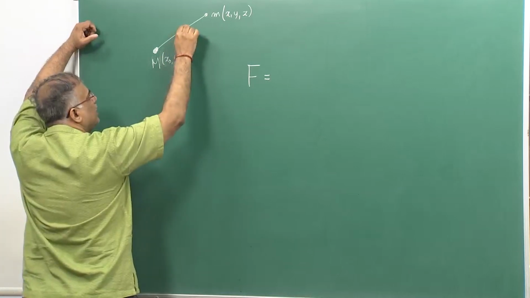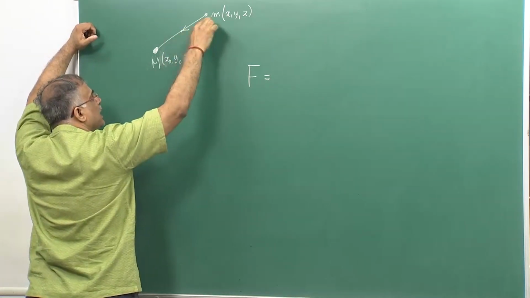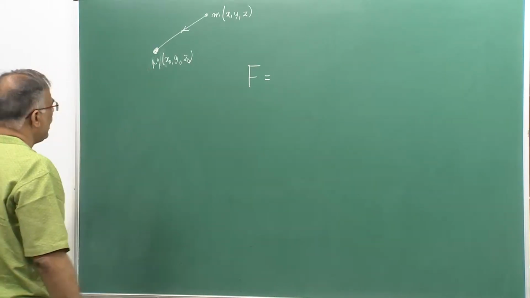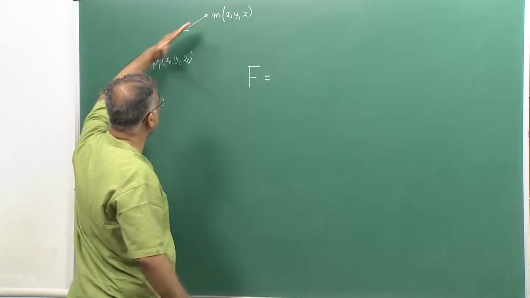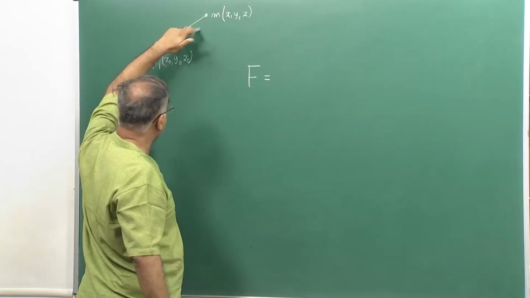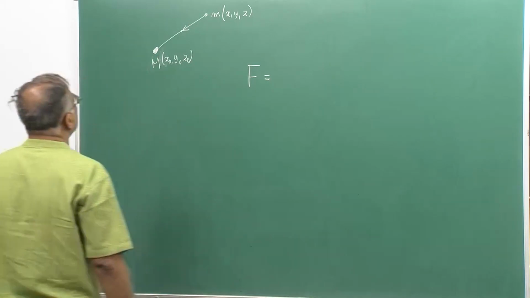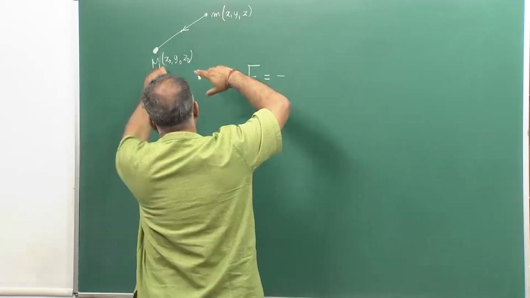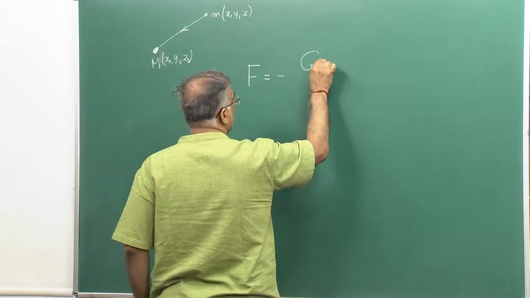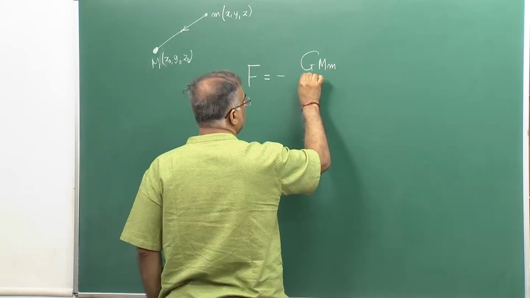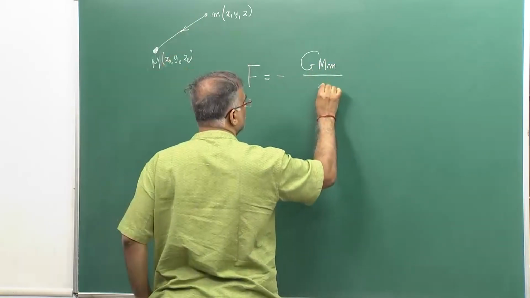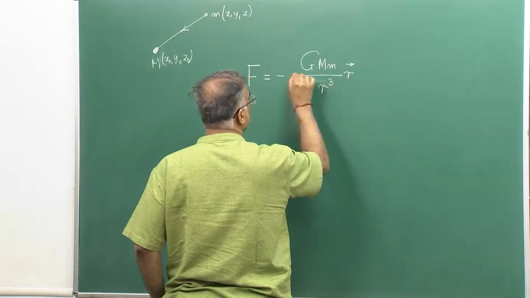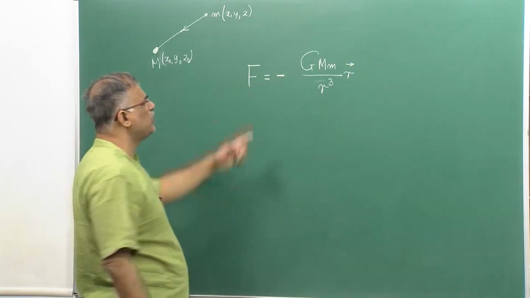Then along this line there is a force which attracts m towards the capital M mass. This is an attractive force along the direction negative to the radius vector by which I reference the small m with respect to the capital M. So the gravitational force is always written like this: if this were 0 0 0, then it is G M m over r cubed, where r is the distance between them, into the r vector, with a minus sign because this minus sign tells that this force is attractive.